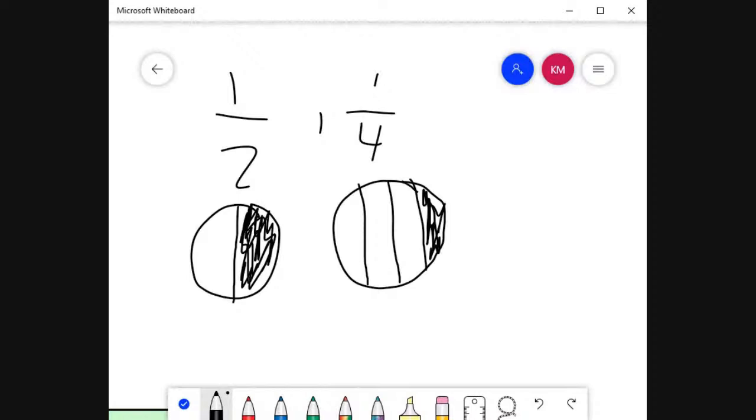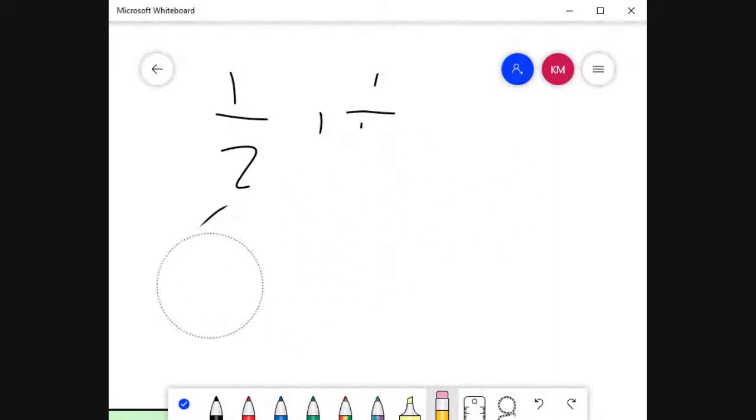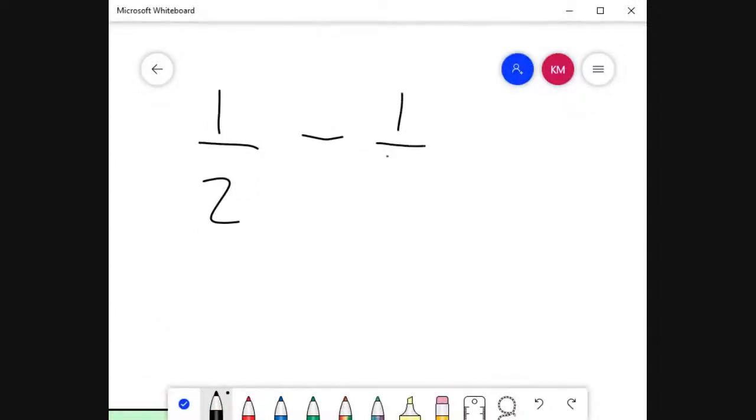So now, what does 1/2 minus 1/4 look like? Now, when you are subtracting or adding denominators that are not alike, you have to get them to where they are alike in order to subtract or add them together.